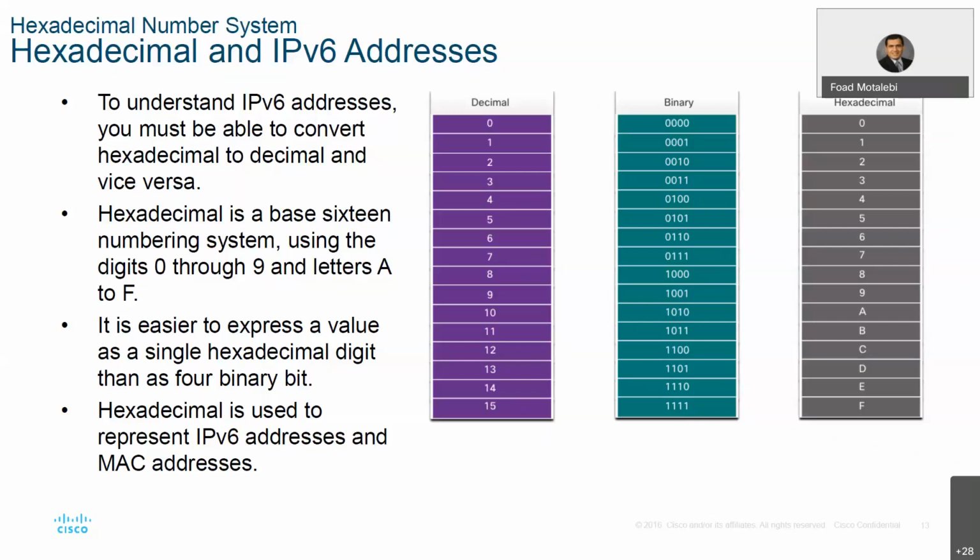Okay, so if this is your decimal values, this would be the relevant binary value, and this would be our hexadecimal value. So hexadecimal values start from 0 until 9, and then from A until F. Okay, so this is how we represent our hexadecimal values. Now, the question comes, how do you convert?